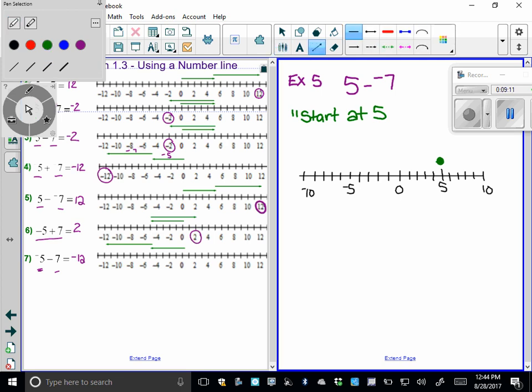So then if we look at that, it starts at 5, and then we're going to use the arrow. If I were subtracting 7, I'd be here, but I'm subtracting the opposite of 7. So I'm over here, which, as you see in that other example, would have put us at 12. And although it looks a little different, it still gives the same answer.